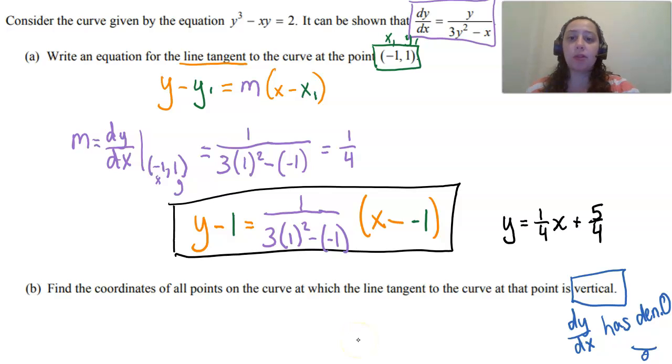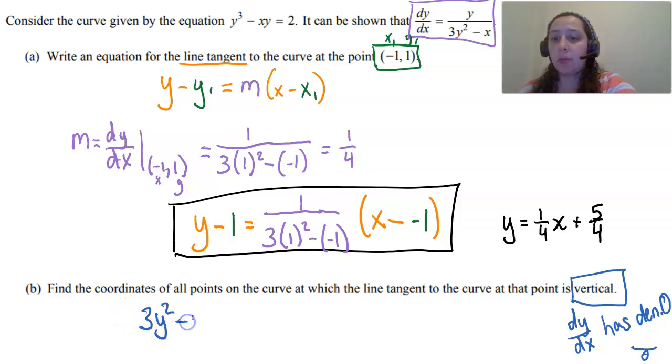If I want my denominator to be 0, my denominator 3y squared minus x needs to equal 0. Again, I'm looking at my dy/dx. The denominator is 3y squared minus x. And to be a vertical tangent, the denominator must be 0. So now I need to solve this equation.